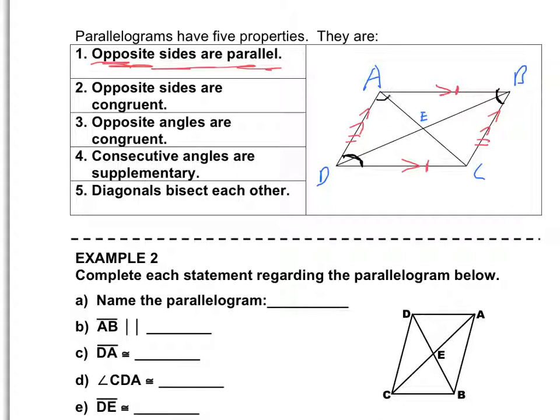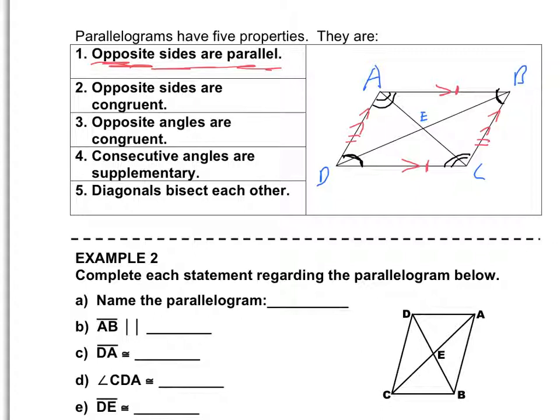And angle A, I'm going to give two arches, should be congruent to angle C. Opposite angles are congruent. They're the same measure. So if angle D was 45 degrees, angle B would have to be 45 degrees, and so forth. Opposite sides, opposite angles, they're all congruent.